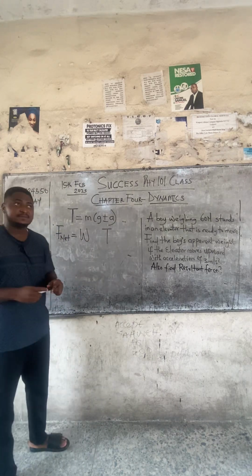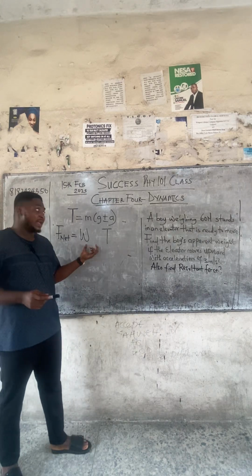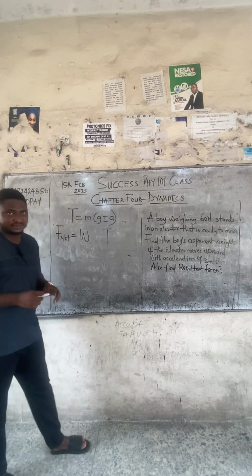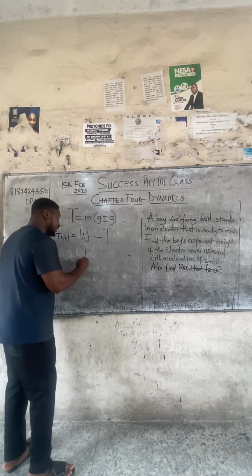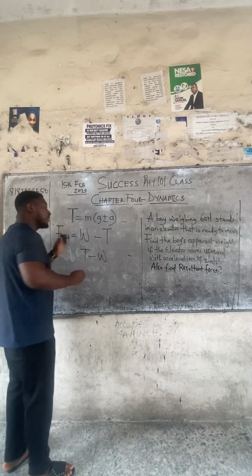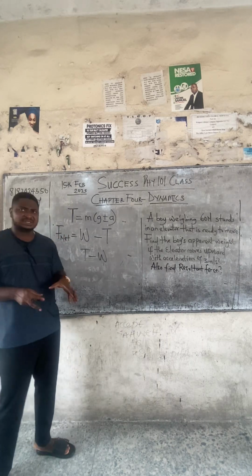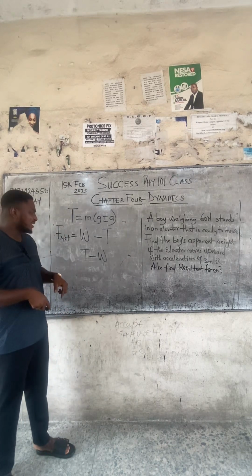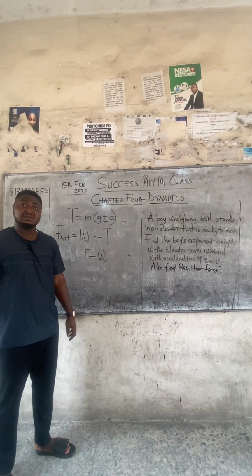The resultant force is always W minus T or T minus W, depending on which of the forces is greater. If the body is coming down, it's obvious that the weight of the body will be bigger than the apparent weight or tension in the lift.